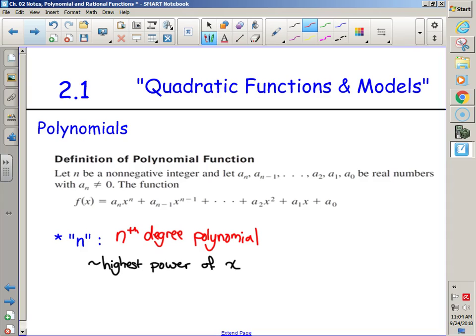An nth degree polynomial will have up to n plus 1 terms. Cubic can have up to 4, quadratic can have up to 3, a linear can have up to 2. I can't define a polynomial without keeping it general, because who knows what that degree is? It can be anything. But n is the highest power of x.